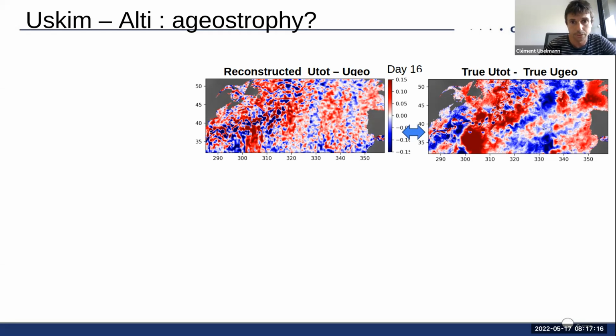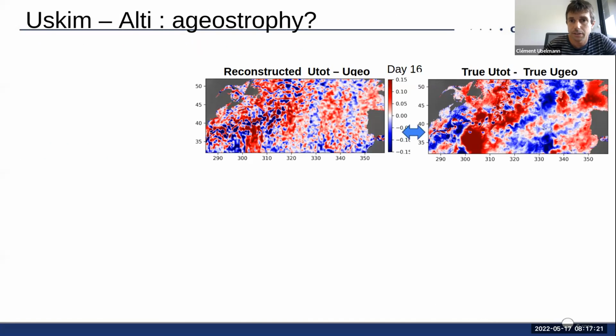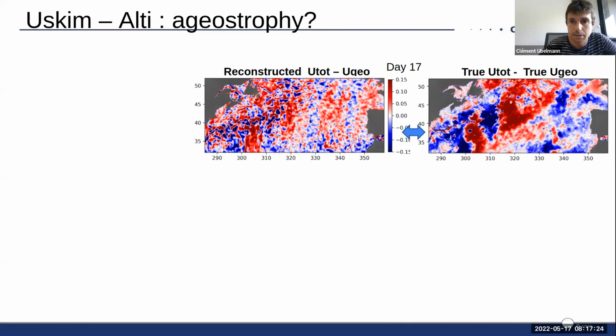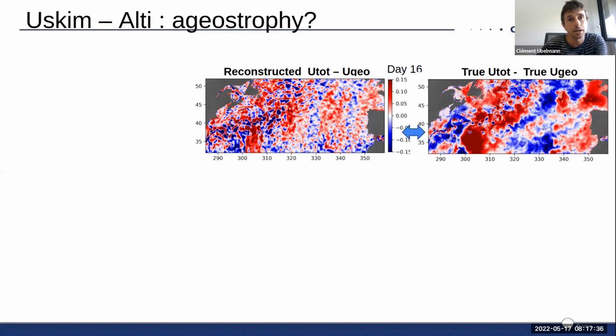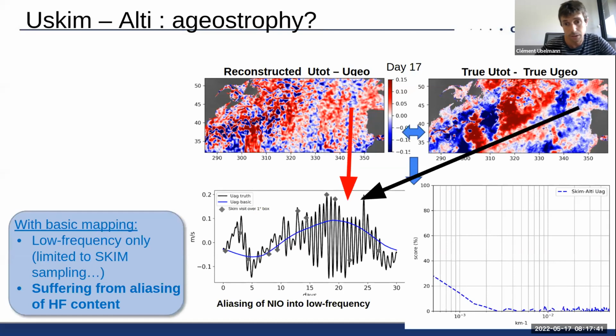And here come the challenge and the issues, especially if we look at two days apart, here and here. Of course, the geostrophic field moves a lot because of inertial motions, but our estimation, which is by construction only low frequencies, is very bad, totally aliased, as shown here. That was already very well illustrated last week. So this is the NIO aliasing issue that gives a very poor score.